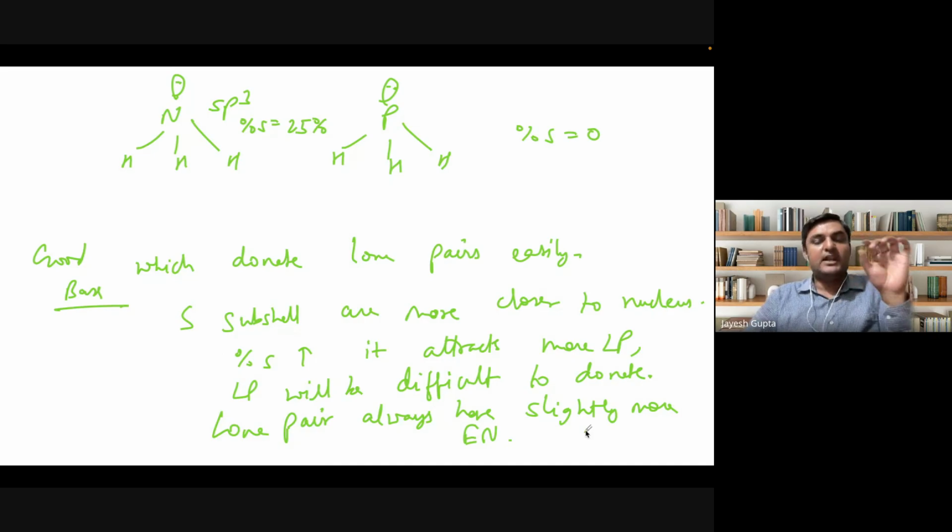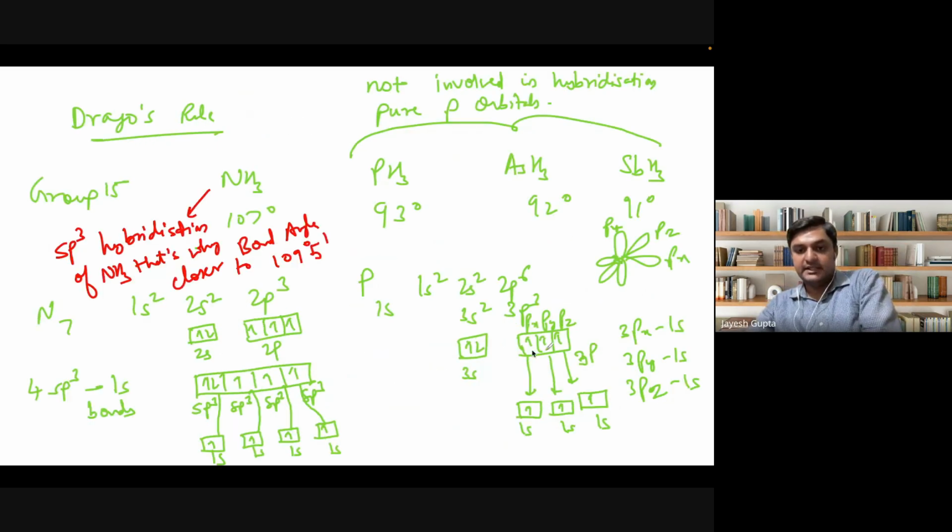The lone pair is not linked with a phosphorus orbital; it will be separate. Technically the lone pair occupies only the S subshell. If I write the phosphorus electronic configuration, your lone pair is only residing in the S subshell.